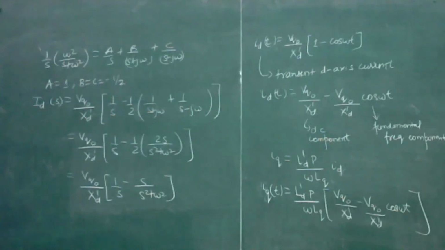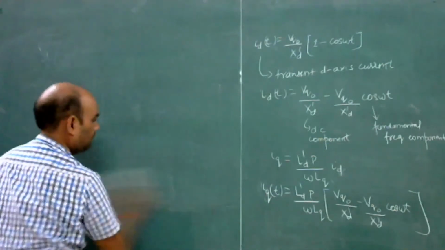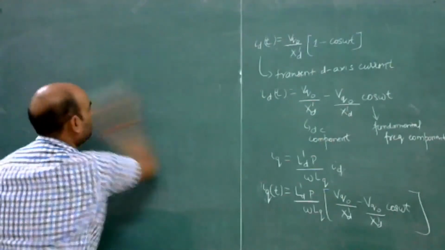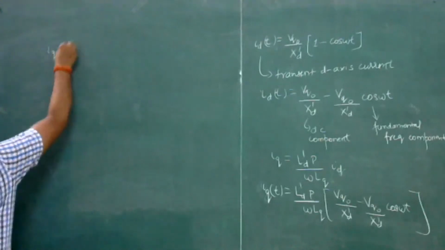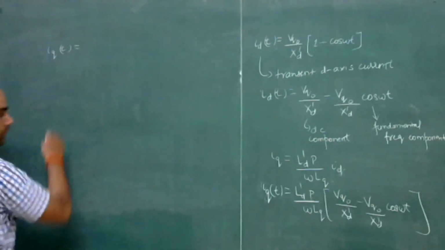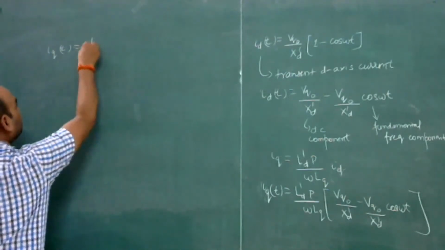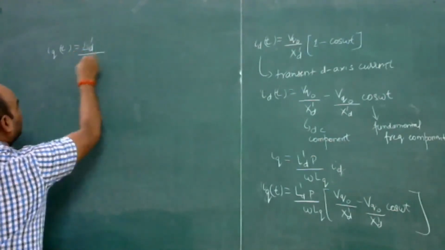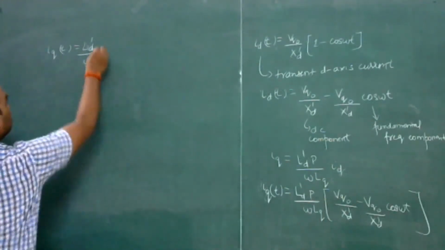Okay, so IQ is LD dash by omega LQ, with VQ naught upon XD dash taken out.